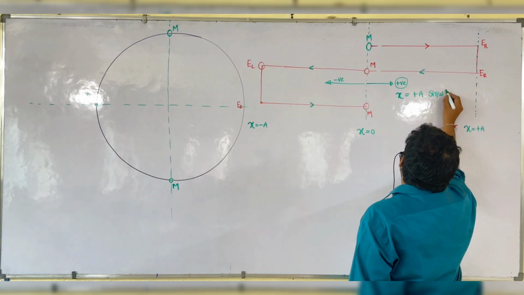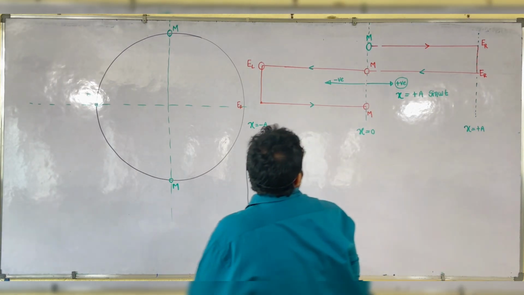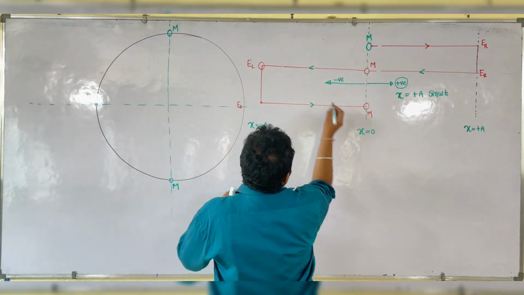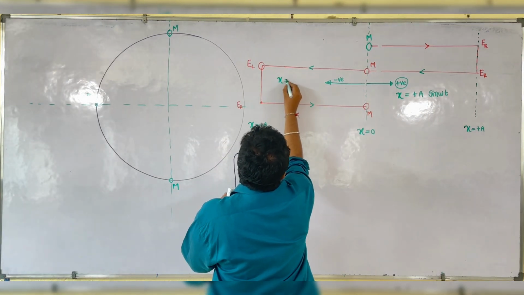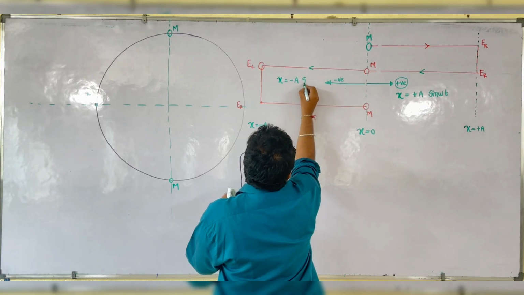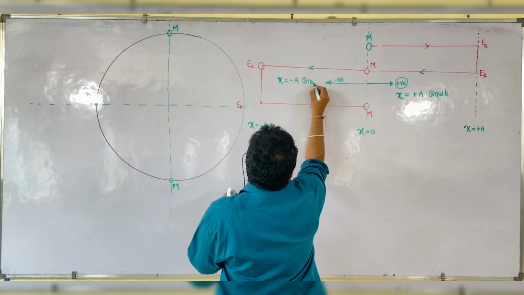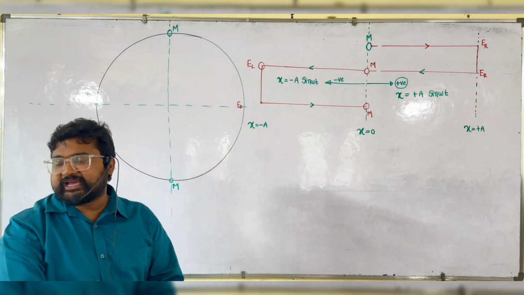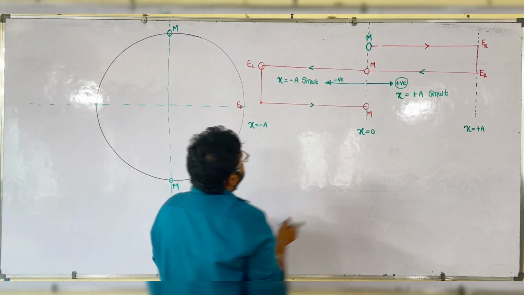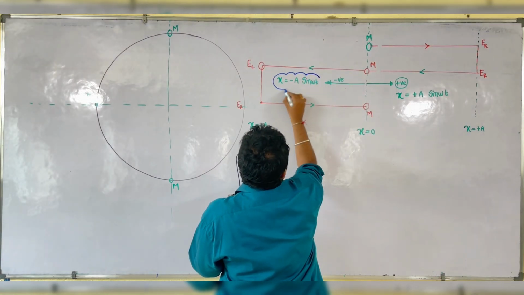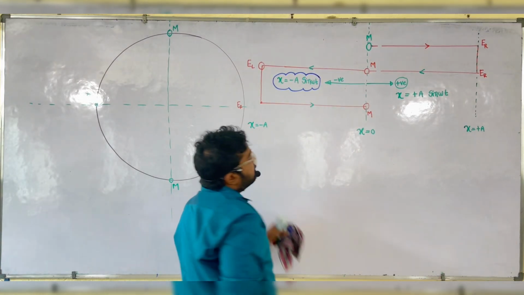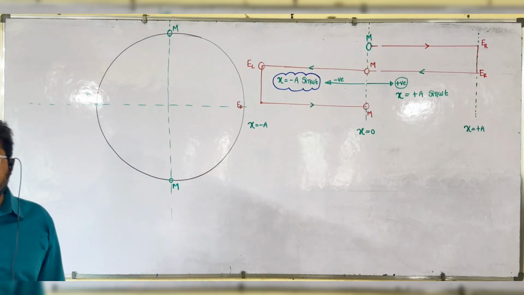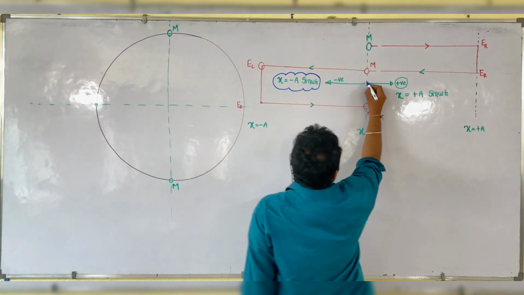Particle starts from mean position and goes towards right. Clear? So if it is moving towards left, x equal to minus A sin omega t. This is a single equation, two cases. X equal to minus A sin omega t means the particle starts from mean position going towards the left extreme position first. అర్థమవుతుందా?